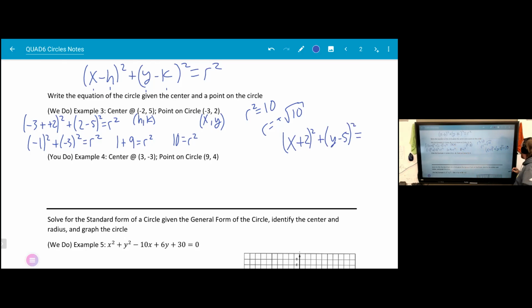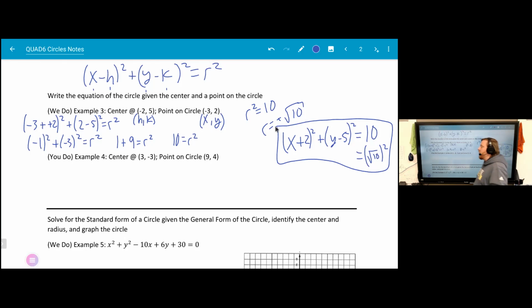We can leave this as 10, or if you wanted to, you could have the square root of 10 squared, if this helps you out, because remember, that's like R squared. However you want to think about it. With that knowledge, go ahead and pause real quick. And then when we come back, you can check your answer.